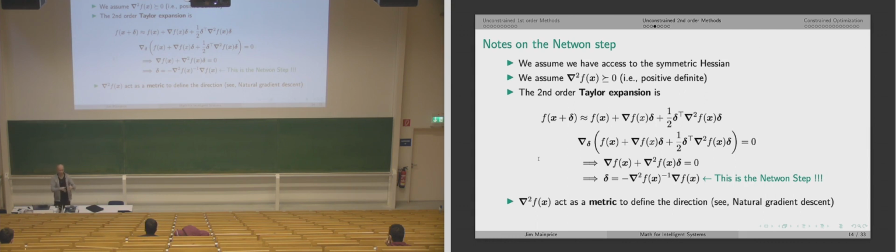For example, if your Hessian has a high kappa, then you're having a curved kind of space, and you're going to measure distances differently depending on whether the function increases a lot in a certain direction or is very flat in the other direction. So that's how you can also view this Hessian, as measuring distances.